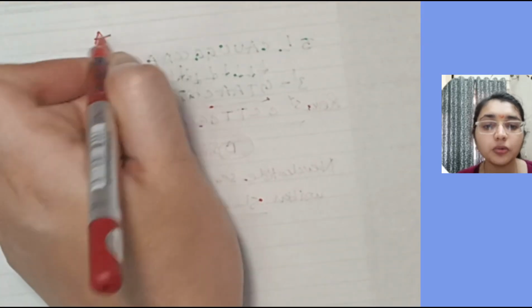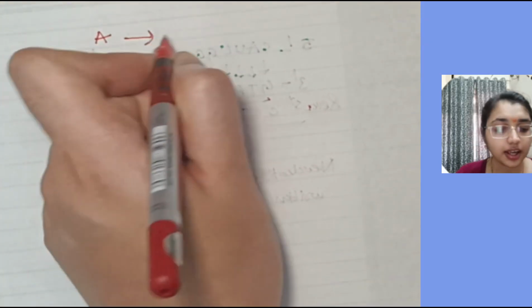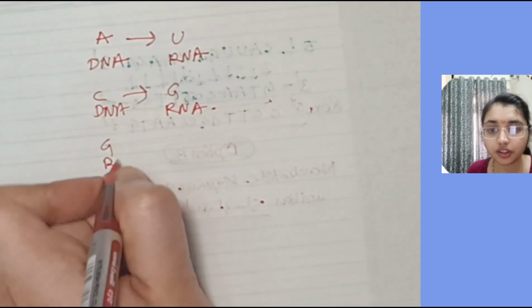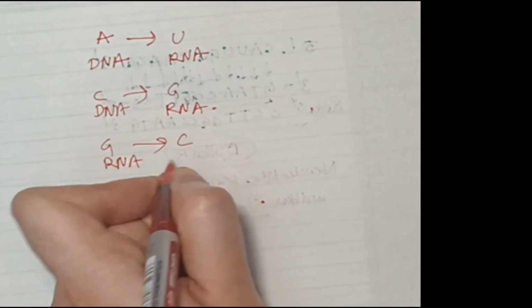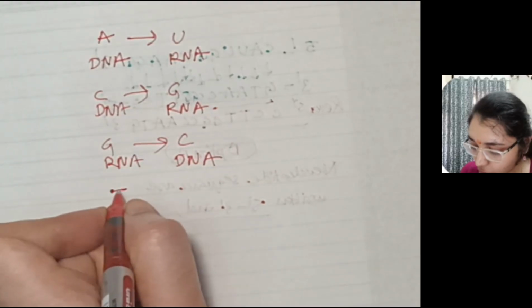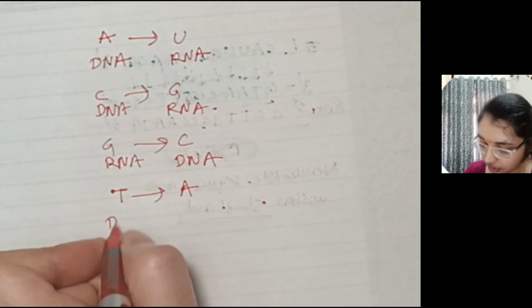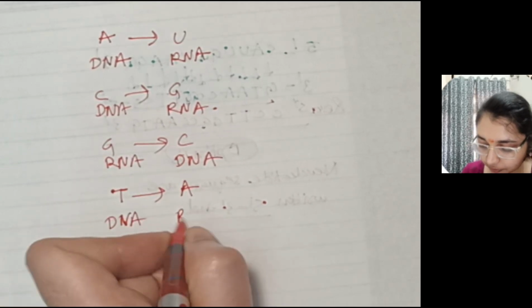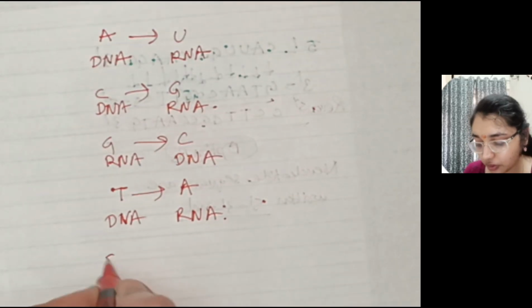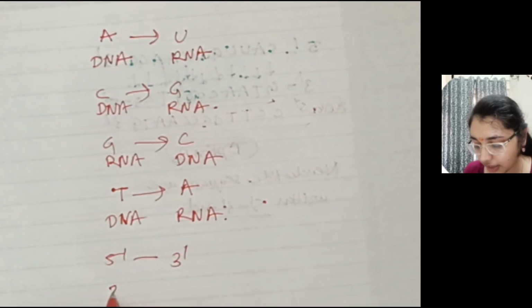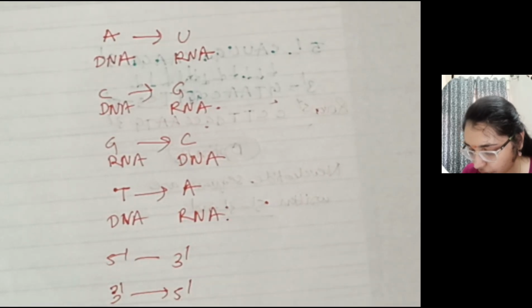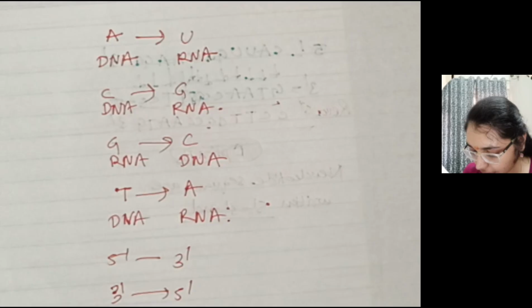So the base pairing rules: adenine of DNA will be pairing with uracil of RNA, whereas cytosine of DNA will be pairing with guanine of the RNA, and guanine of the DNA will be pairing with cytosine of the RNA.